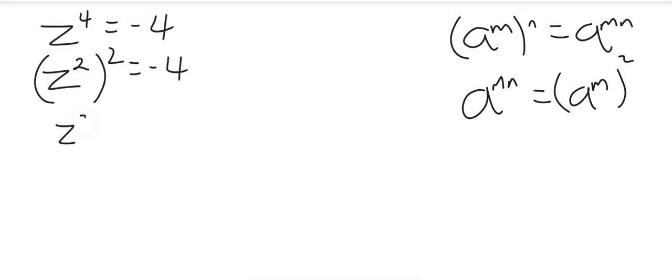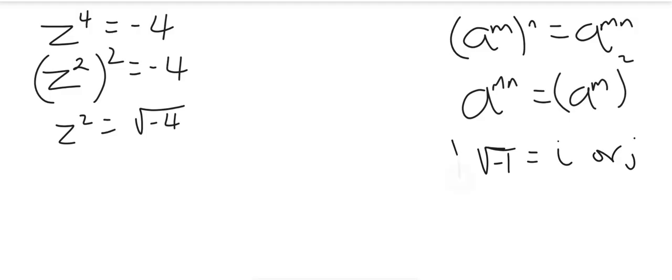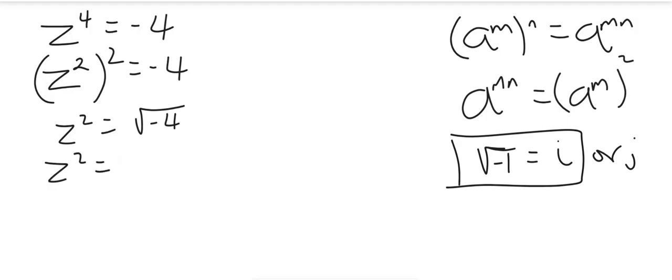So I have z squared equals square root of negative 4. And don't forget, in complex numbers, square root of negative 1 equals i, or you can use j, but most textbooks use i to represent square root of negative 1. So I can write z squared as plus or minus, because when you're finding an even root, that's fourth root, square root, sixth root, eighth root, you should always put plus or minus.